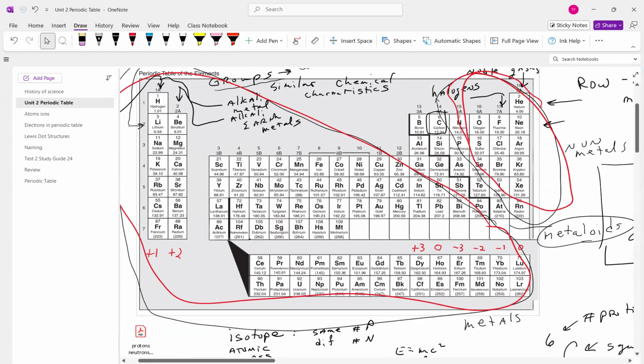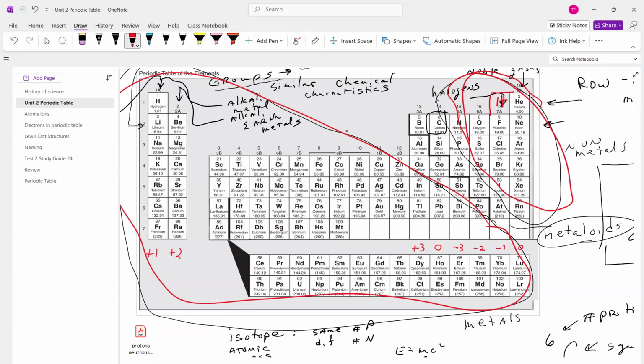Now, hydrogen is weird. Hydrogen can go there on the right or on the left. It depends whether it's an acid or not. So hydrogen is goofy. It only has 1 electron, so it can easily gain 1 or lose 1. And that's why it kind of flip-flops between the left and the right side. Everything else below hydrogen is always +1.